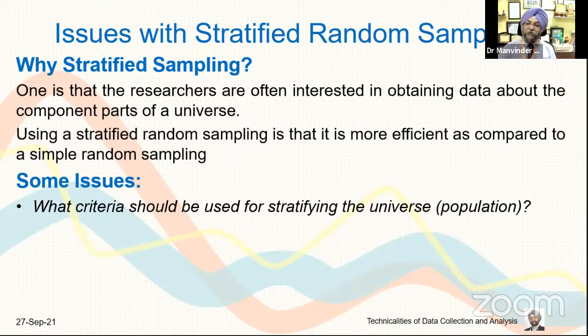How will you divide this? On the basis of the sample, I would like to understand the people who are spending on cosmetics. What strata should I keep for this?